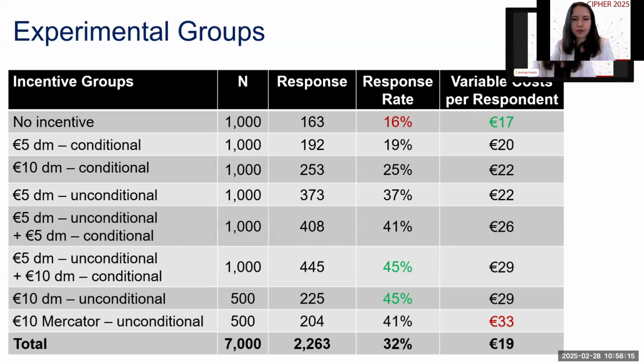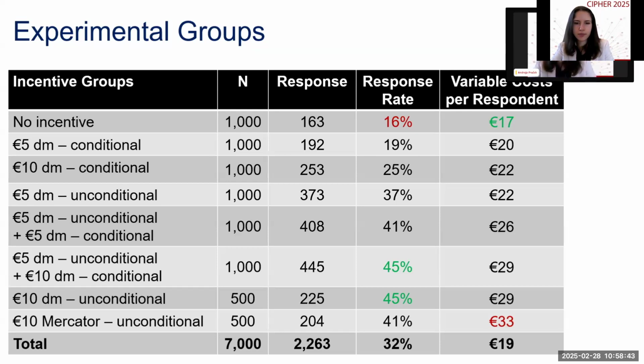The groups included various combinations: no incentive, conditional versus unconditional, €5 versus €10, and DM versus Mercator. So DM is a retail chain popular in Central Europe, known for cosmetics and health products, while Mercator is a Slovenian grocery store.